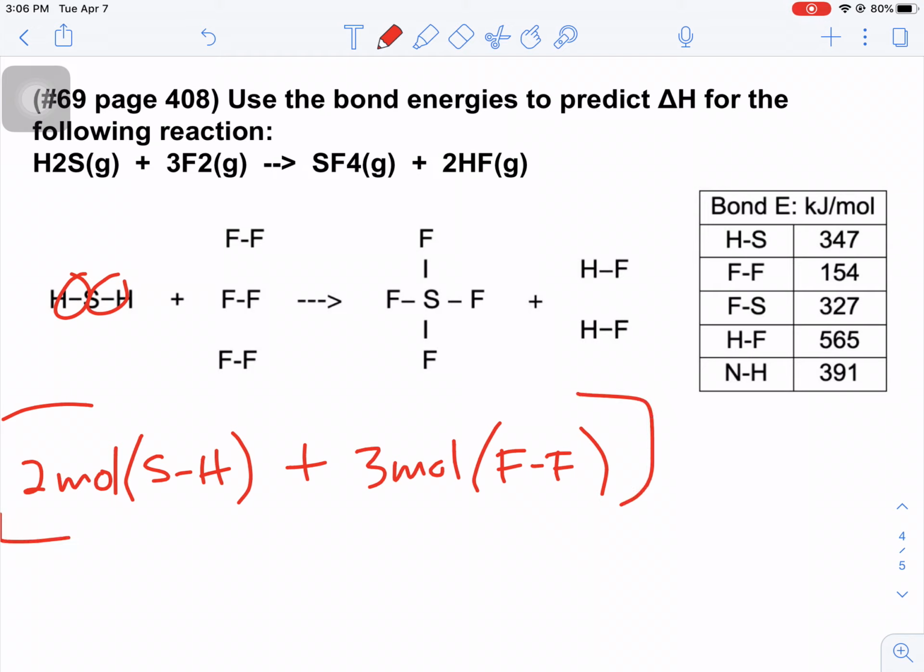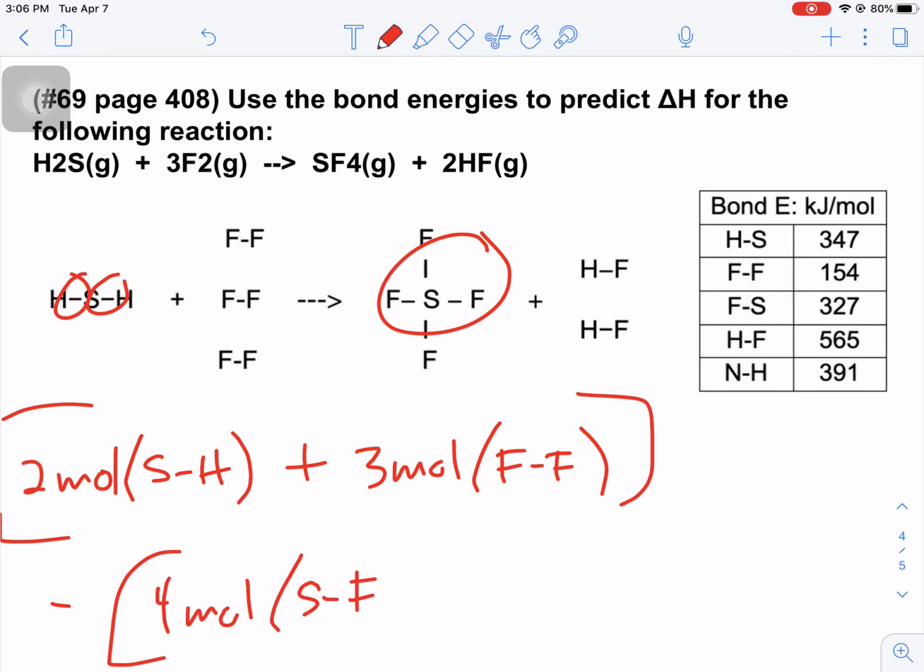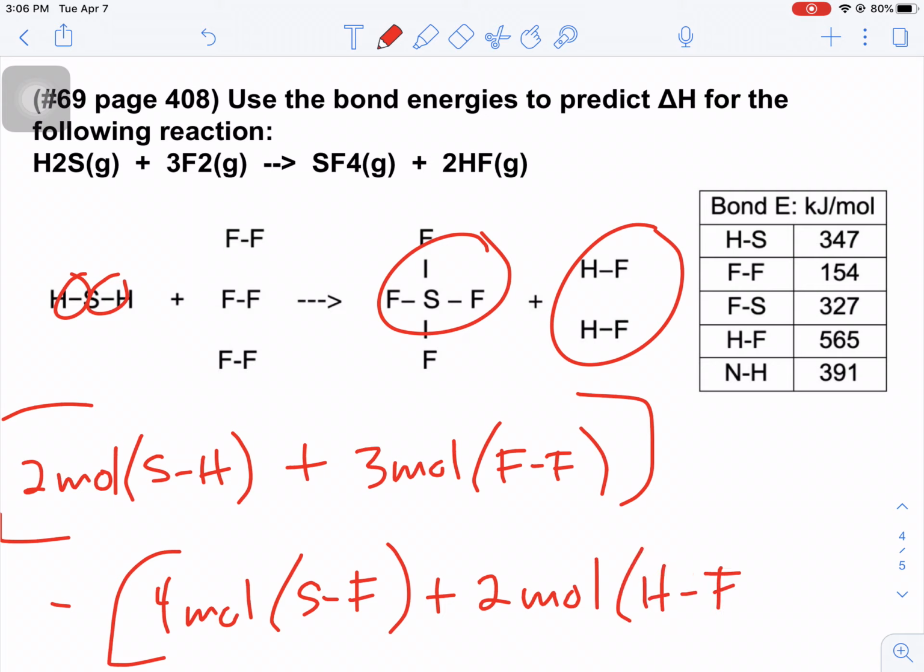Okay, and then on the flip side, we're going to subtract out. Look at this. We're going to make 4 moles of sulfur-fluorine single bonds, plus we're going to make 2 moles of hydrogen-fluorine single bonds. So I've given you some hints. I've given you the bond energies. I even gave you structural diagrams, so that should be helpful for you.